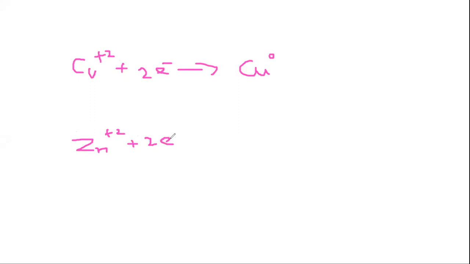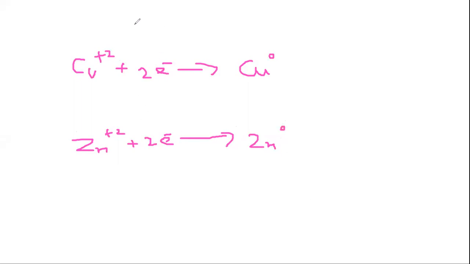Let's suppose this is the copper with oxidation state plus 2, receiving 2 electrons and converted into copper having the zero oxidation state. Then there is another half cell: zinc plus 2 plus 2 electrons, which reduces to zinc with the zero oxidation state.